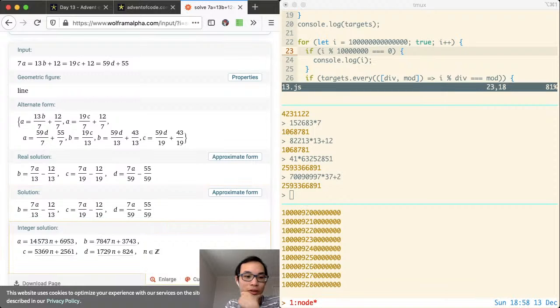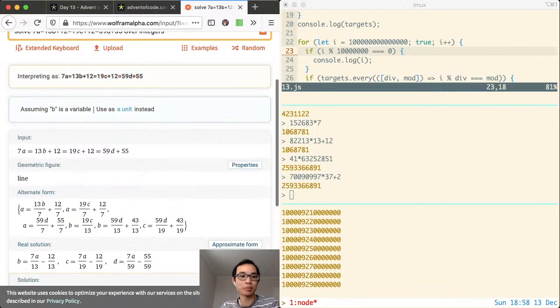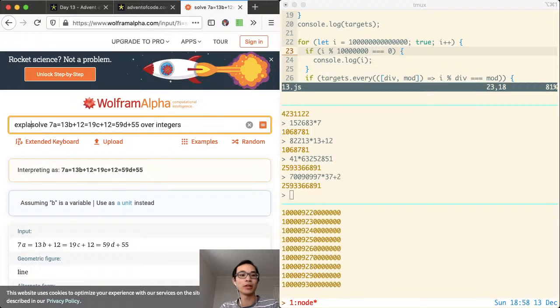How did it get these answers? Can you explain in WolframAlpha? Is that a thing?